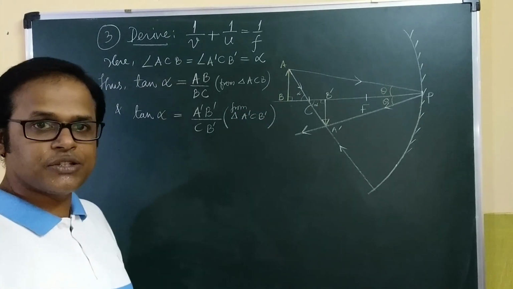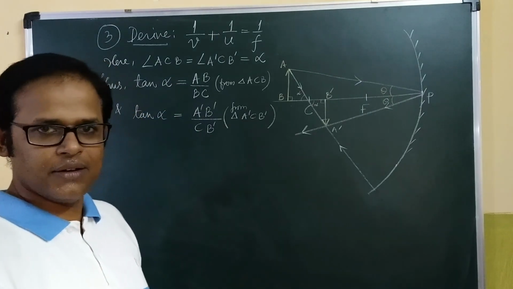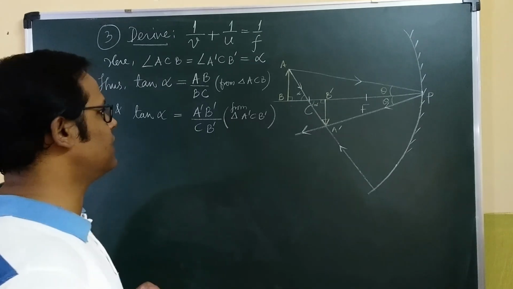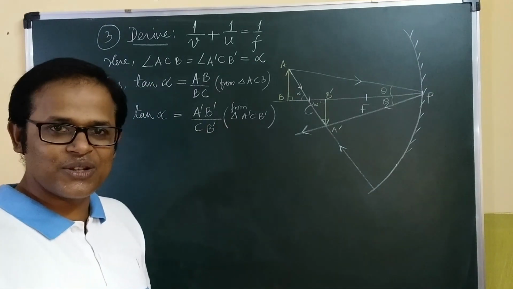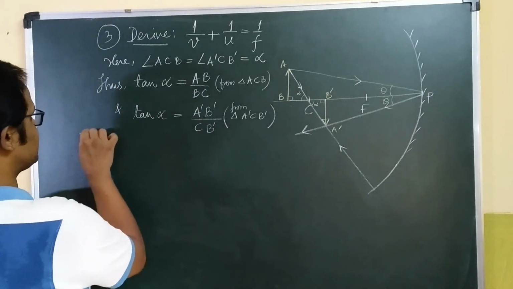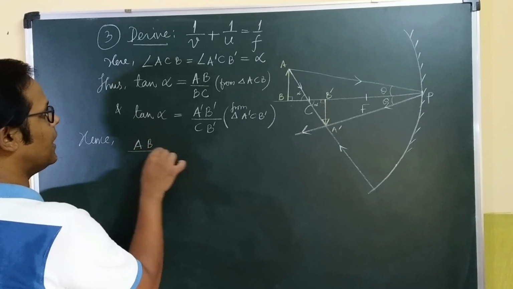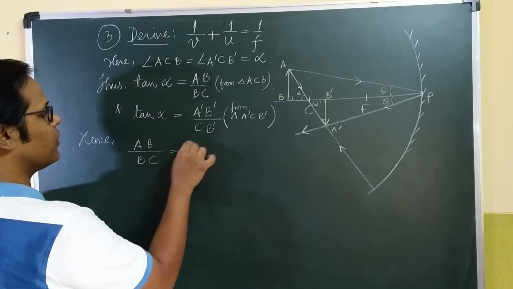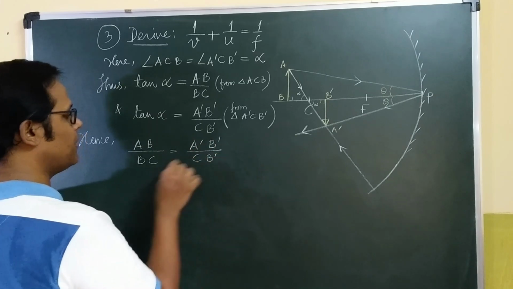Is that clear, my dear students? Just follow it closely, then you can later on note it down. Okay, just follow the beauty of this derivation. So since tan of alphas are same, the right hand side is also same. Hence, we can say AB by BC should be equal to A prime B prime by CB prime.